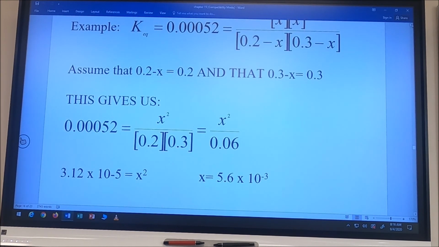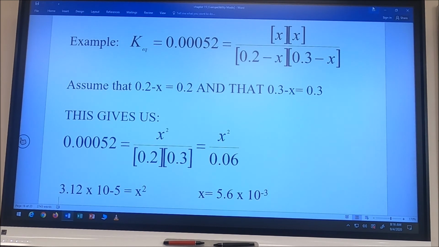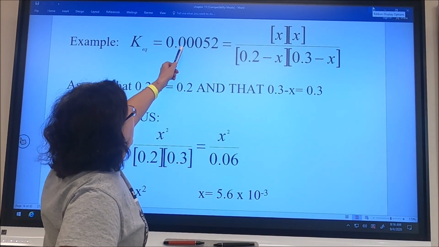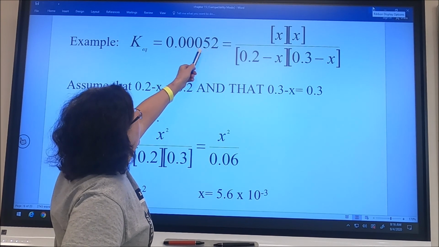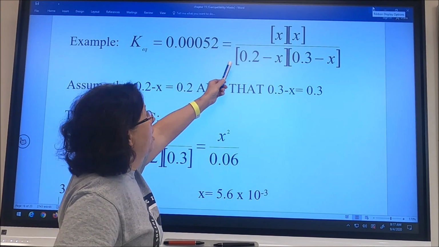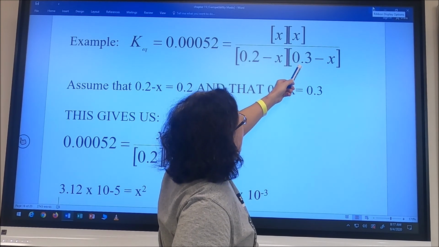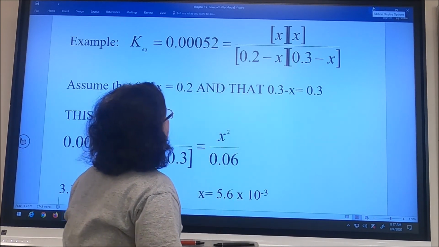Okay, we've taken everything from the equilibrium line of our ice chart and plugged it into our K expression. And I've got 0.00052, that's the value of the equilibrium constant, equals x squared over 0.2 minus x times 0.3 minus x.